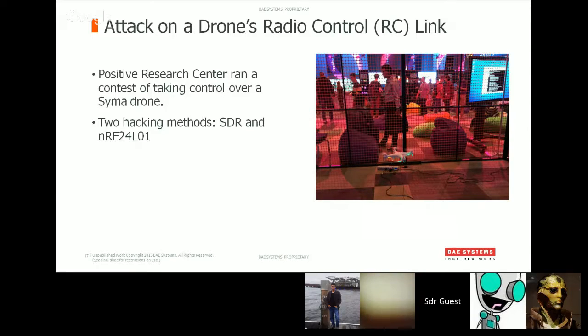This attack was actually based on a contest where a group called the Positive Research Center ran a contest of taking over a drone, and they used two attack methods. One is using SDR, and the other is using an RF24 wireless transmitter.